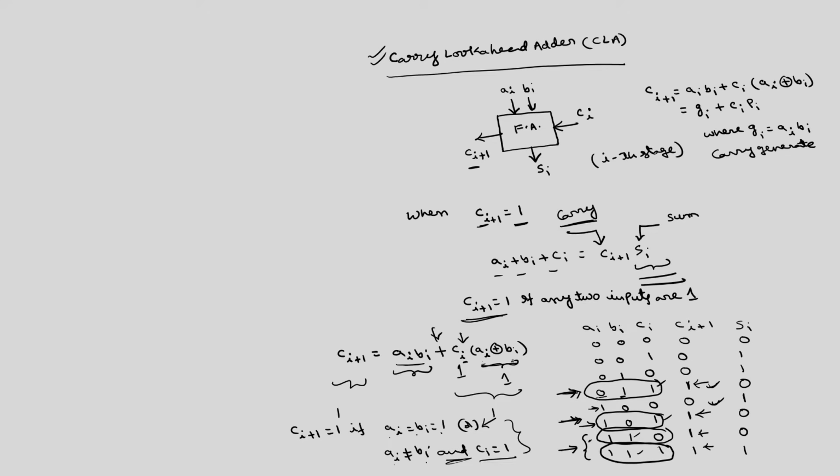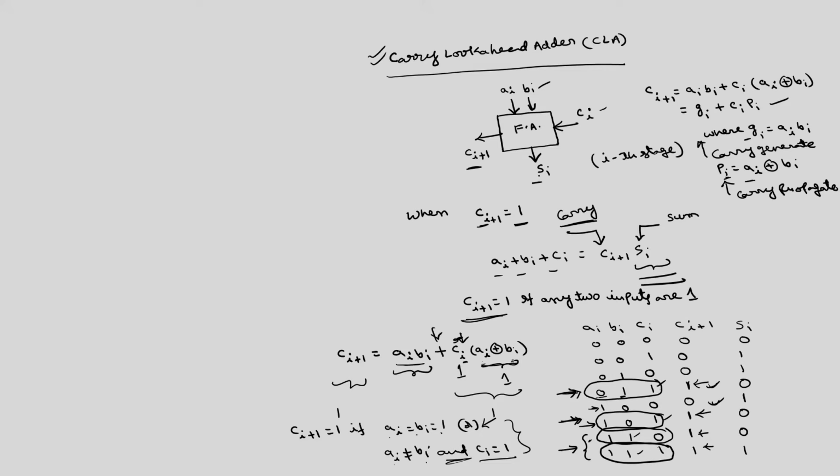So, this will generate the carry, and Pi is Ai exclusive OR Bi, this is called carry propagate, because this is going to propagate the carry Ci. So, in terms of Gi and Pi, Ci plus 1 is Gi plus Pi Ci. So, I can generate the Ci plus 1 from Ai, Bi, Ci.